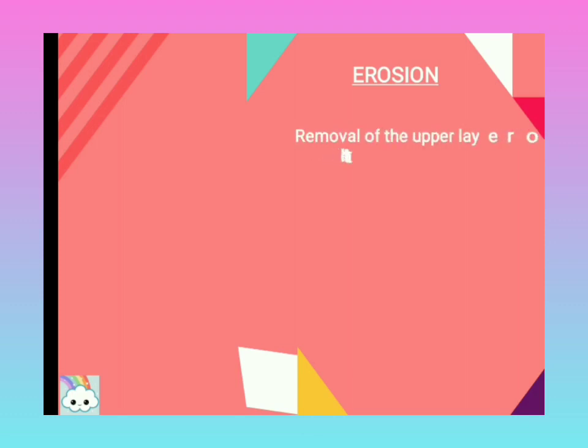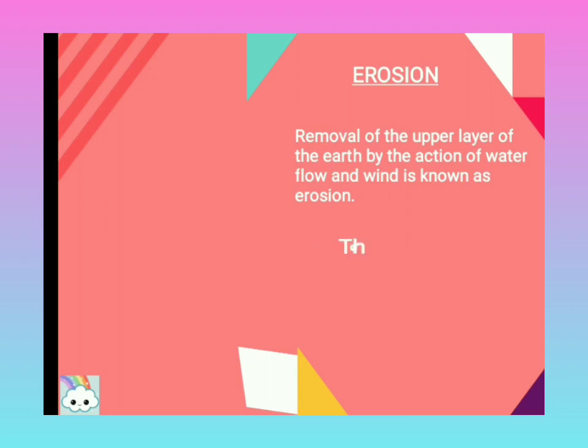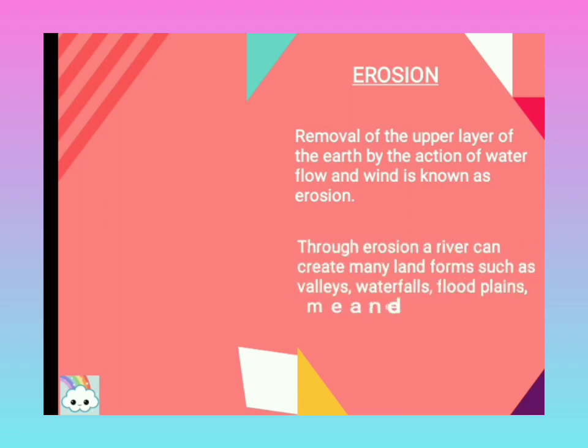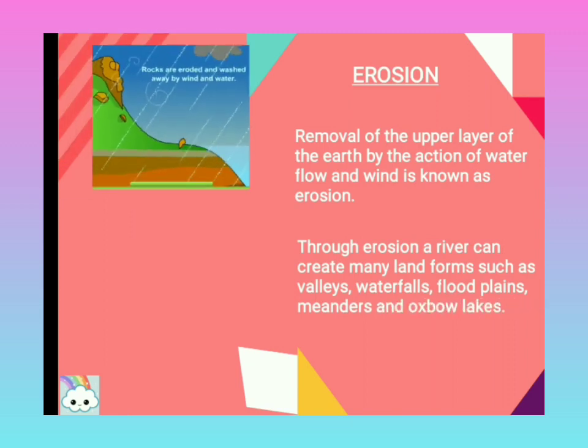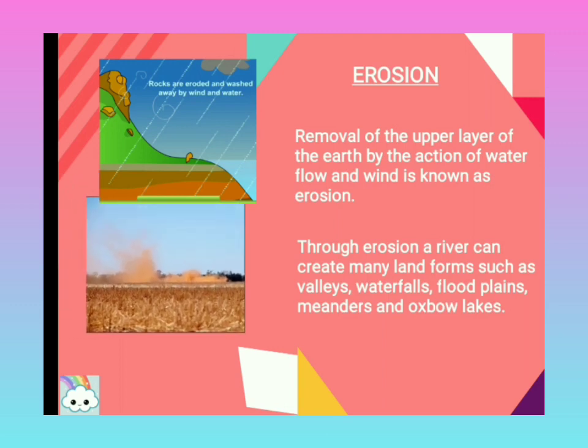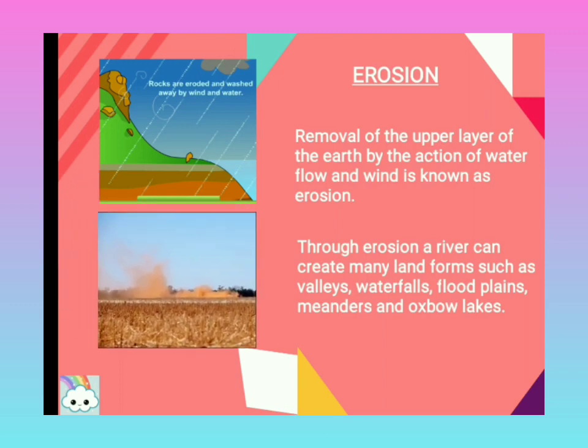Removal of the upper layer of the earth by the action of water flow and wind is known as erosion. Through erosion, a river can create many landforms such as valleys, waterfalls, floodplains, meanders, and oxbow lakes. Please don't be confused with weathering, which involves no movement.